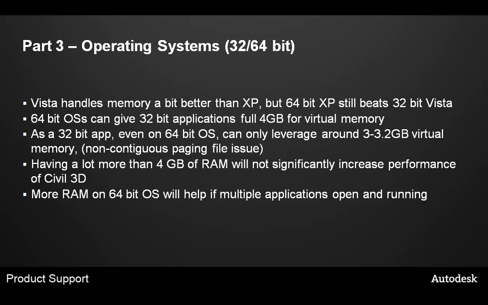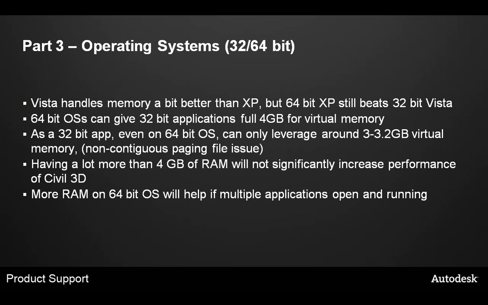So one other thing to say, though, is on a 64-bit operating system, your overall system performance can improve if you have more RAM. And that's because most of us, I think, don't run just one application at a time. If you run high-end apps and you have several of them open, then you should notice a performance boost, of course, if you're on a 64-bit operating system and you have a decent amount of RAM.